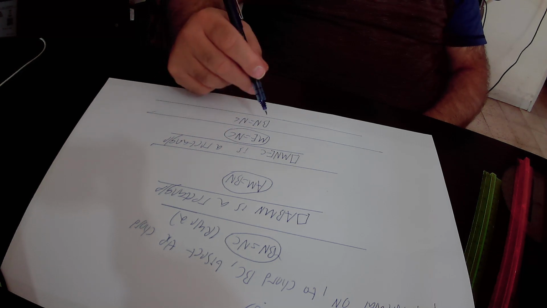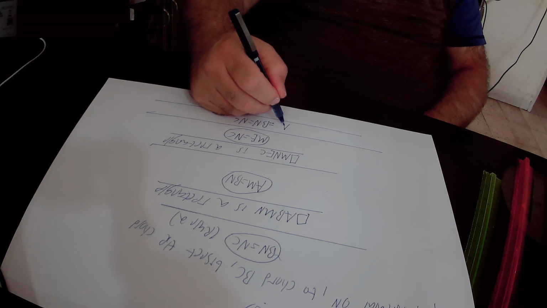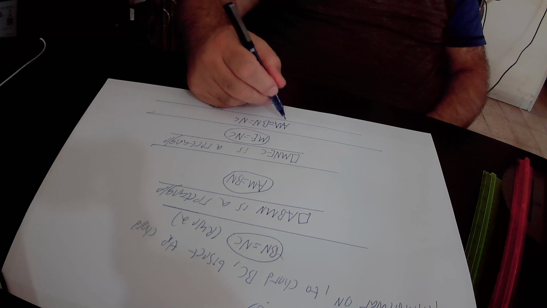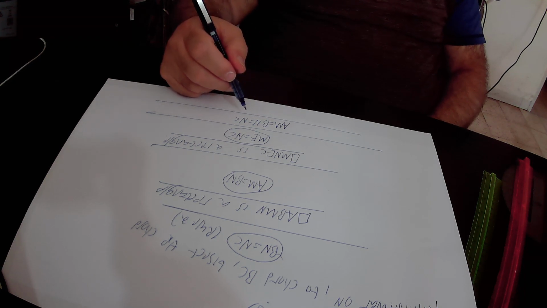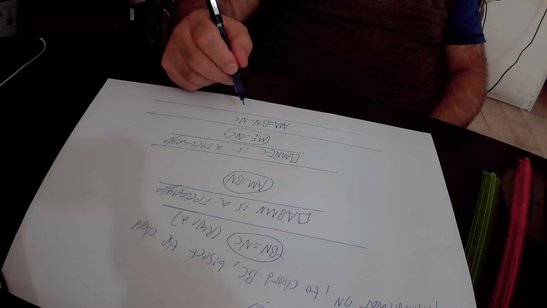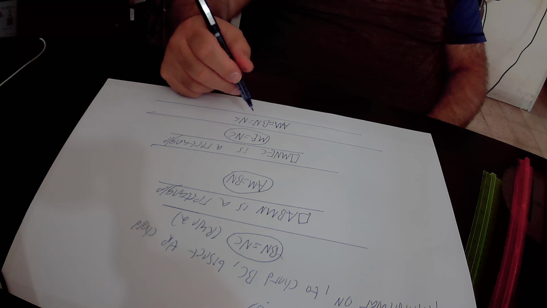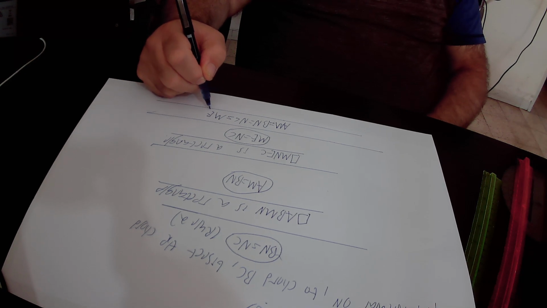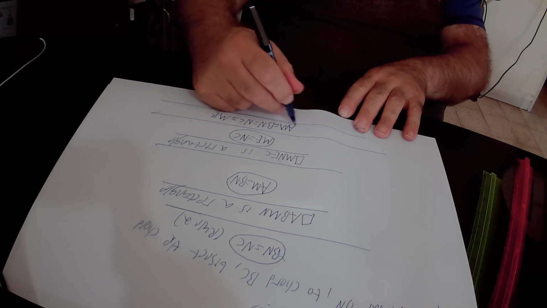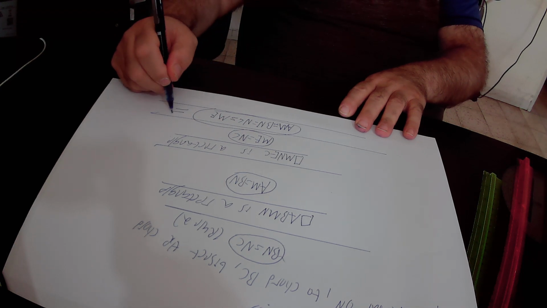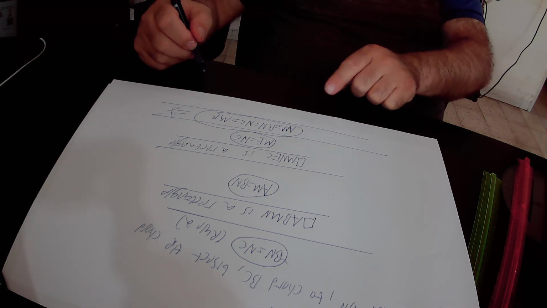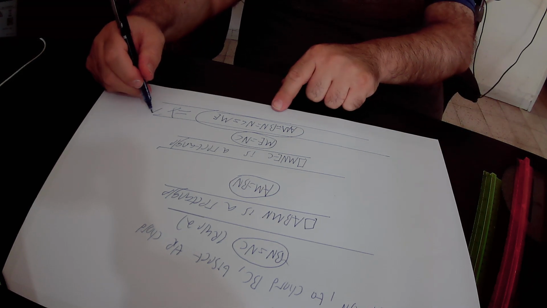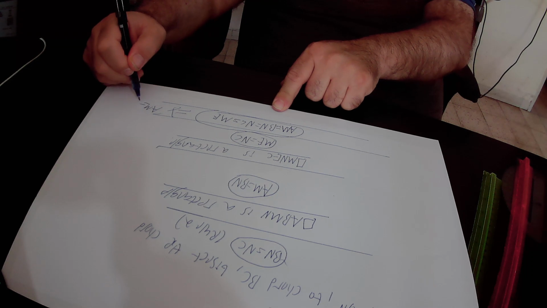So we can write here that BN equals AM, and according to the same rule, we found out that NC equals ME. So we can write here that NC equals ME. And from this long equation, AM equals BN equals NC equals ME, we derive that AM equals ME.